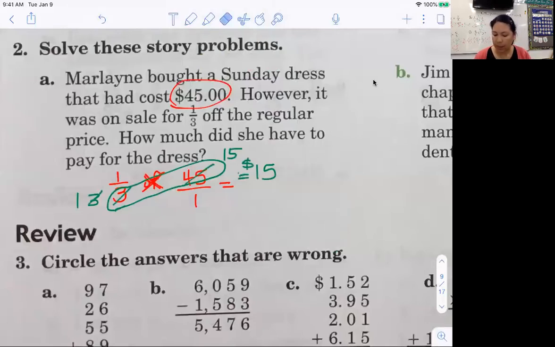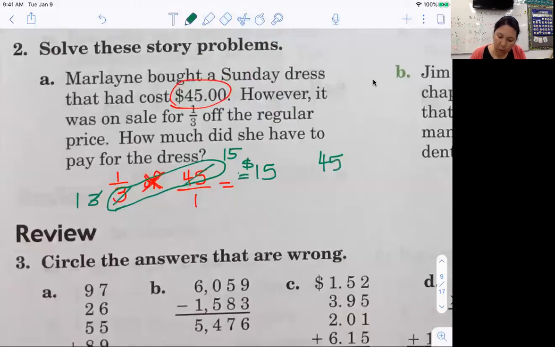Now, that doesn't tell me how much the dress cost. It just tells me that she got $15 off of the price. So if she got $15 off of the price, did she pay less than $45 or more than $45? Less. She got that amount off, right? So what do we do with less? We're going to subtract.